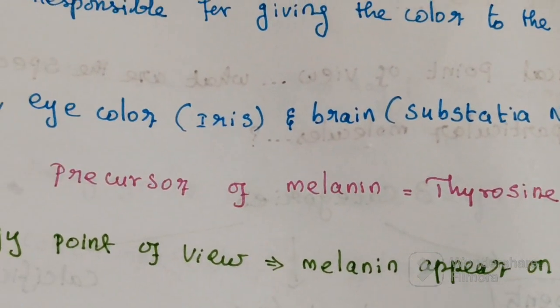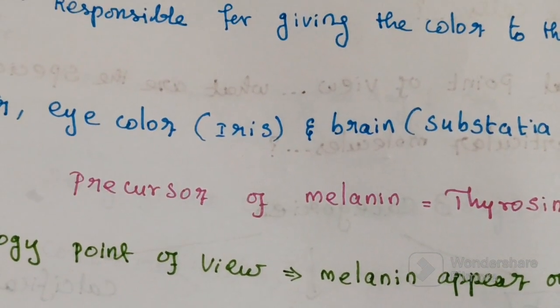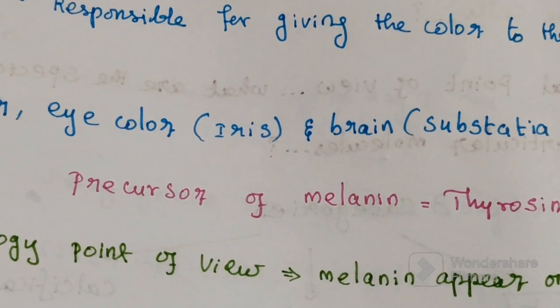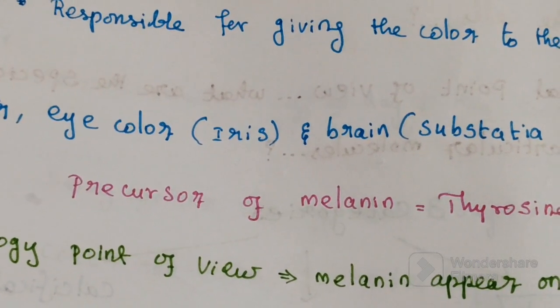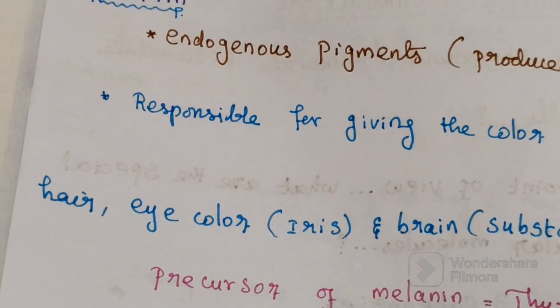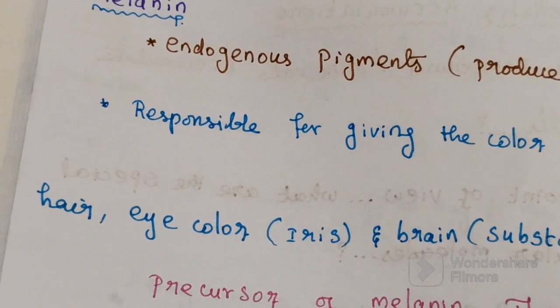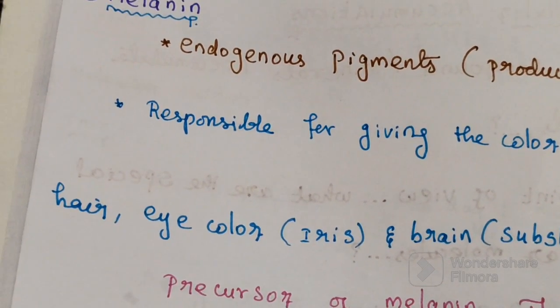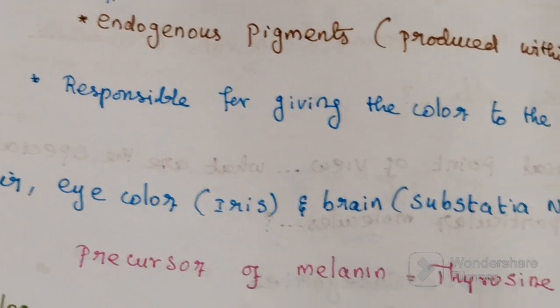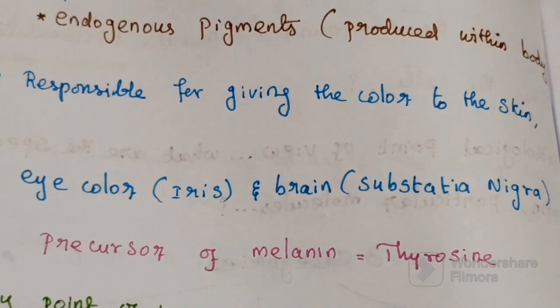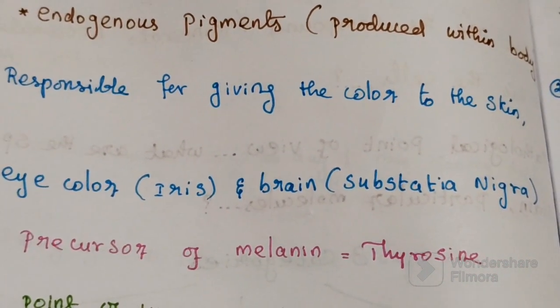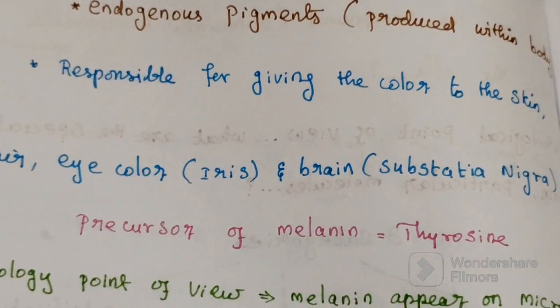So these are the locations where this particular pigment is seen: skin, hair, eye color that is the iris, and brain, the substantia nigra.